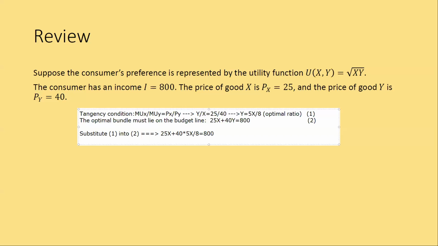This has to be equal to 800. We can simplify the equation and solve for x, and we will find that x equals 16. If I call this equation 3, we can substitute equation 3 back into equation 1.